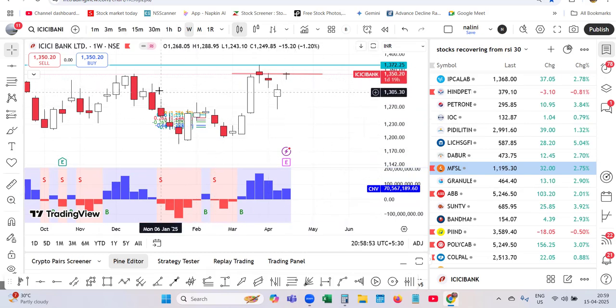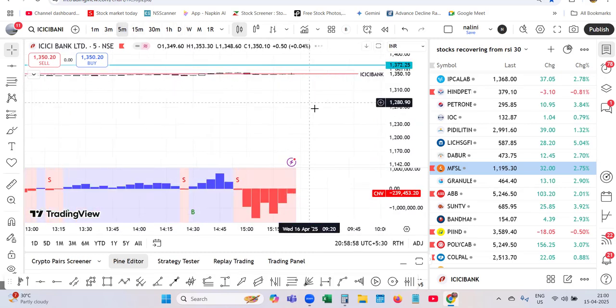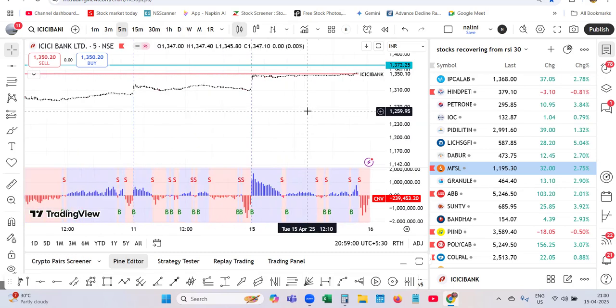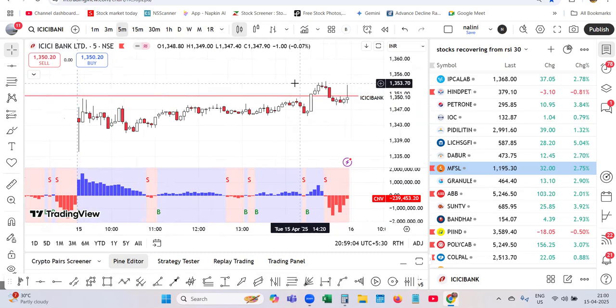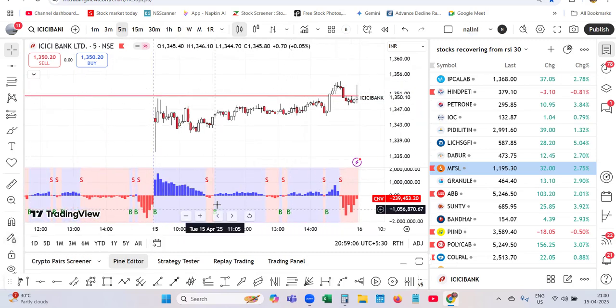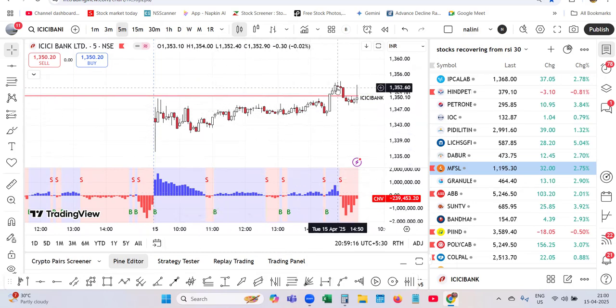For example, if I go to the intraday time frame, let me go to the 5 minutes time frame. Here, it was a dip. Around this area, the market picked up and the net volume, buyers' volume, increased. Slowly, it moved higher.